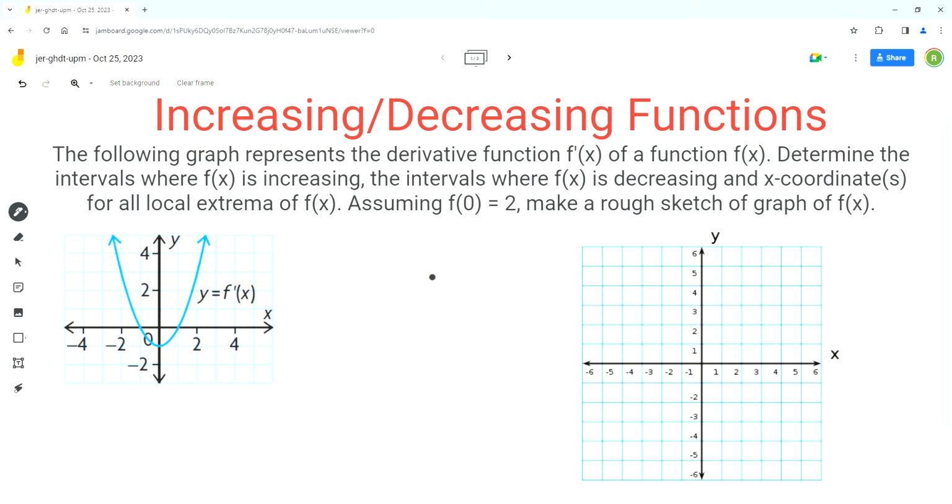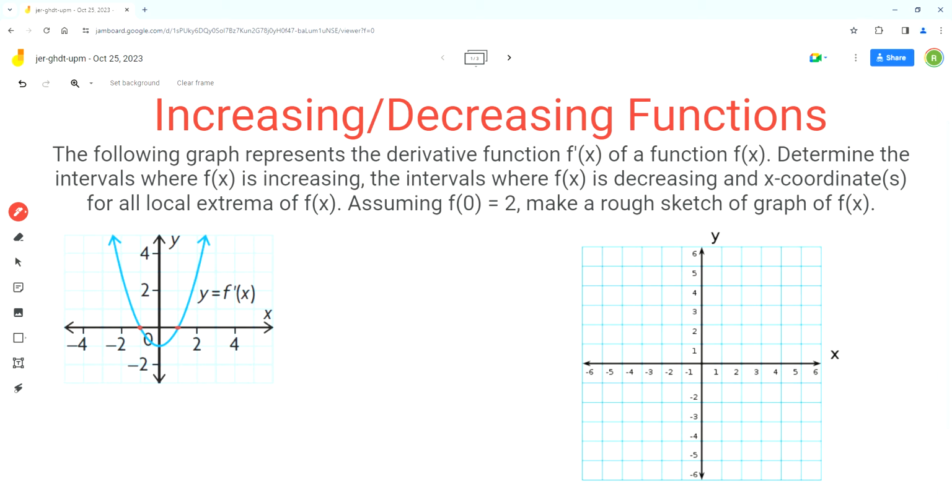So we'll start by analyzing the given graph of f prime of x. Now this graph is a parabola that is opening upward and it has two x-intercepts. The x-intercepts are at x equals -1 and x equals 1.